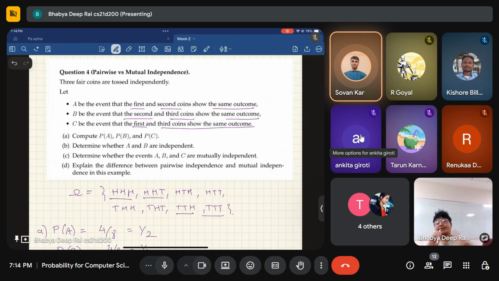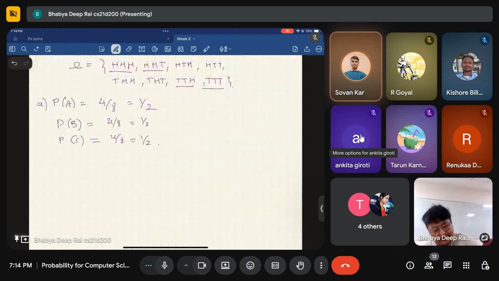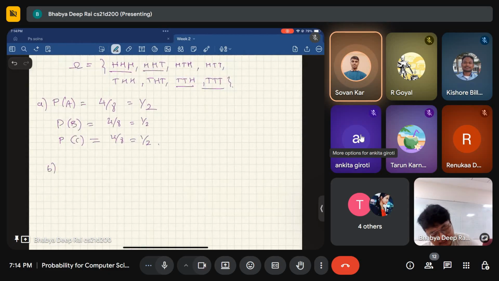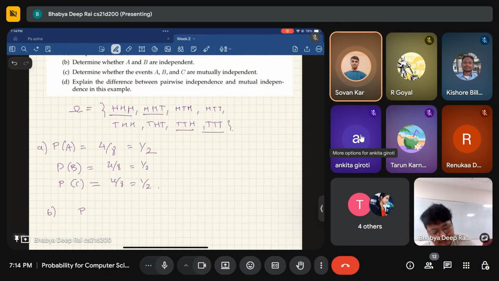Probability of A is half, probability of B is half, and A intersection B is both first and second coin giving the same outcome and second and third giving the same outcome, so all three give the same outcome, and that is only possible with all heads or all tails. So it is 2 by 8, like 1 by 4. And if we multiply probability of A into probability of B, that will also be 1 by 4.